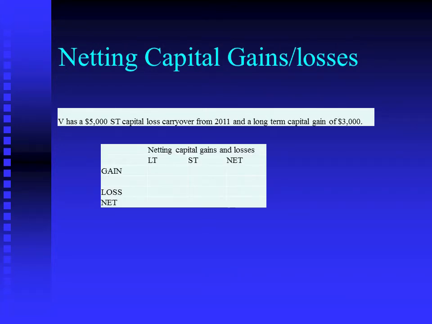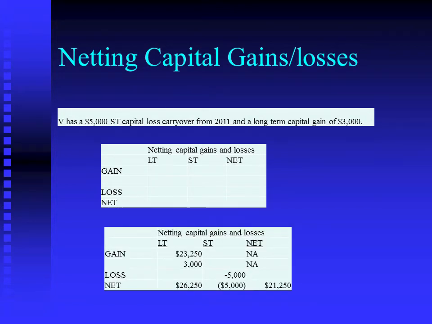So this is what we're going to fill out. I've left an extra space on the gains. When there is a net 1231 gain that has survived the look-back rule, you want to pop it into your long-term gain column in order to get to the proper answer.